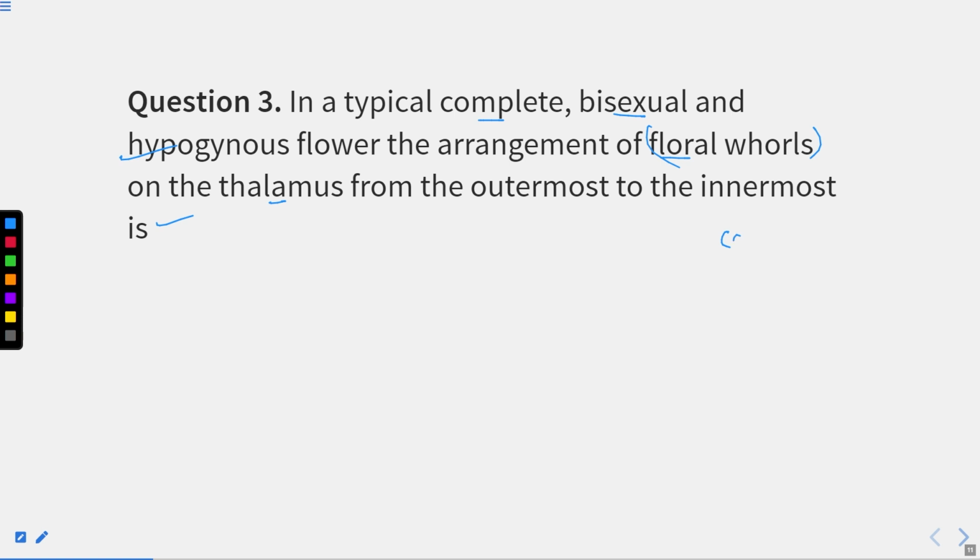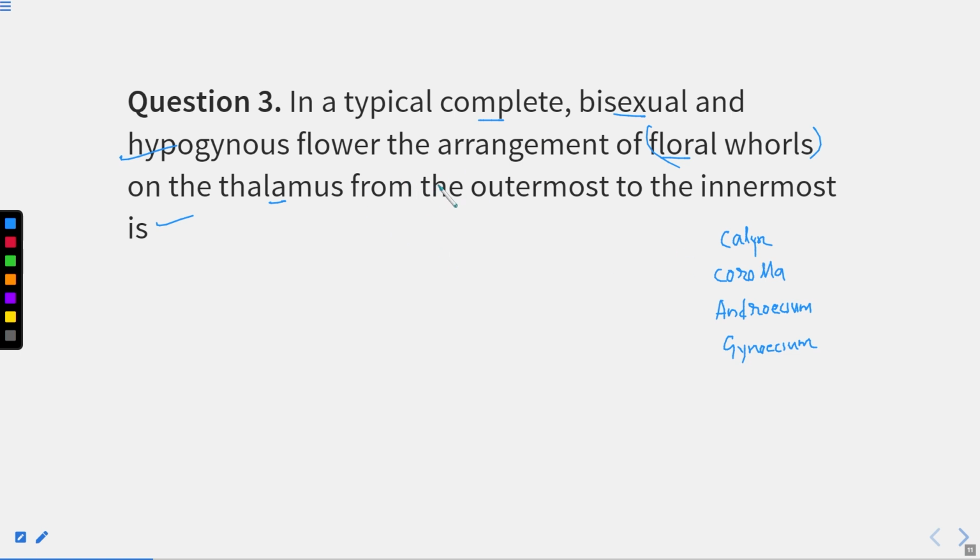Outermost is the calyx, inner to calyx is corolla, inner to corolla is androecium, and the innermost is known as gynoecium.